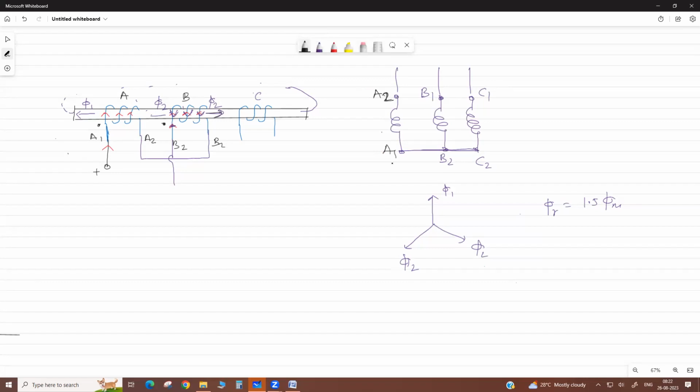Now suppose the flux produced by this is phi 1, this is phi 2, this is phi 3. So in this direction, it is opposite. Now their vector sum is not a constant value, it is different. Their phasor is changed. That's why terminal identification is very important.